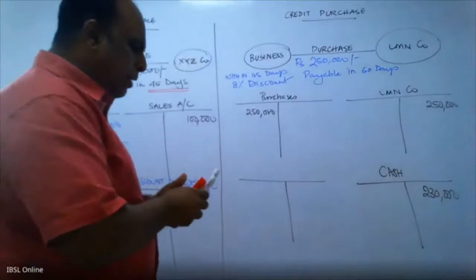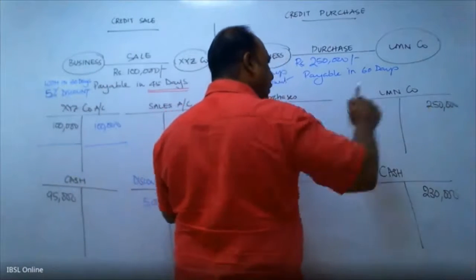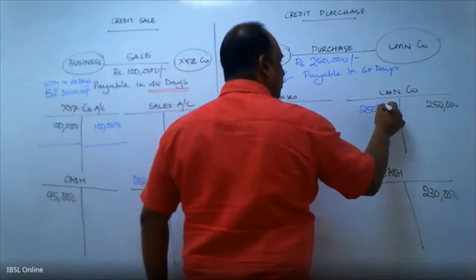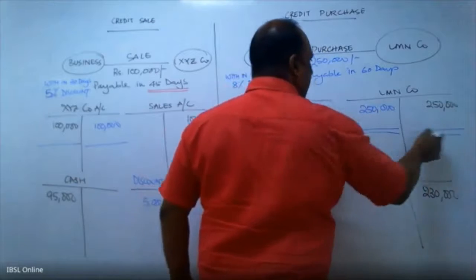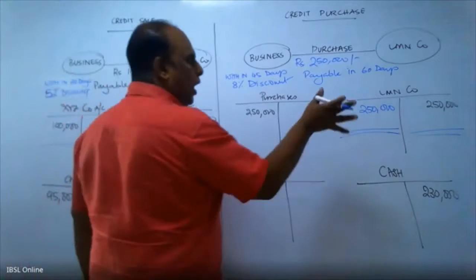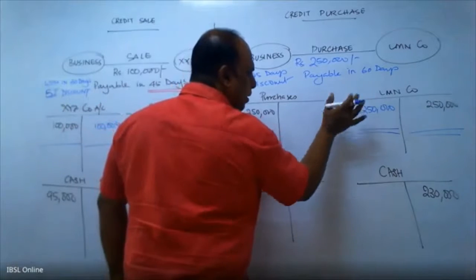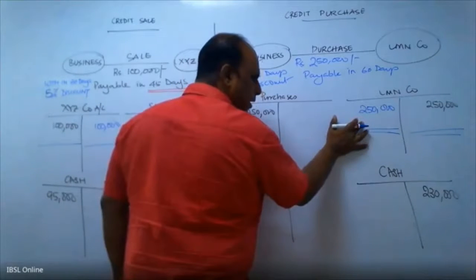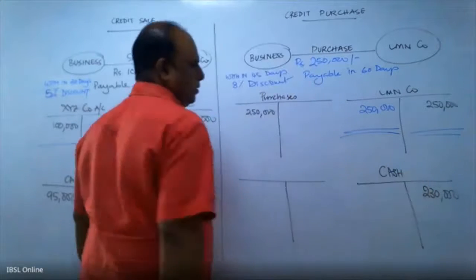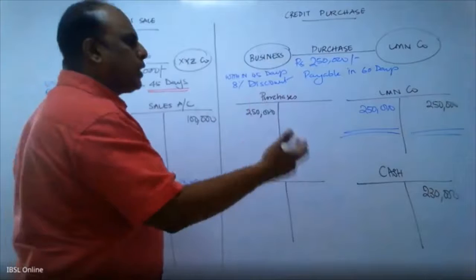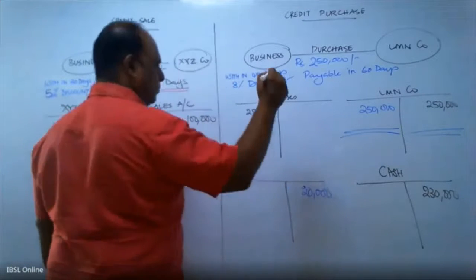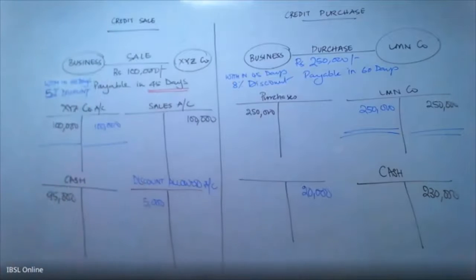Similarly, when I make this payment, my dues or my creditors will go off. That is a full and final settlement. So I am debiting creditors or Element company 250, but I am crediting only 230,000. So I need to credit somewhere another 20,000.